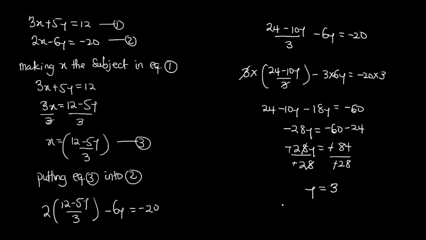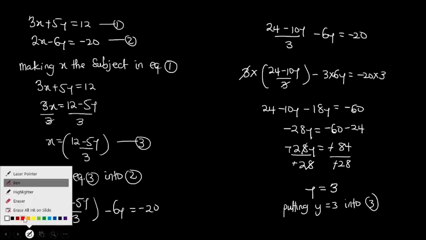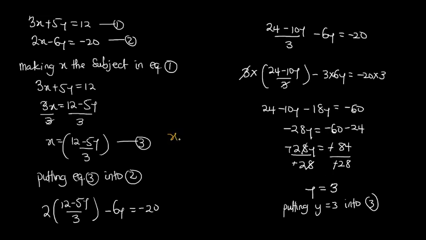Now substituting y equals 3 into equation 3 to get the x, I'm going to have my x equal to (12 minus 5 into bracket 3) all on 3.